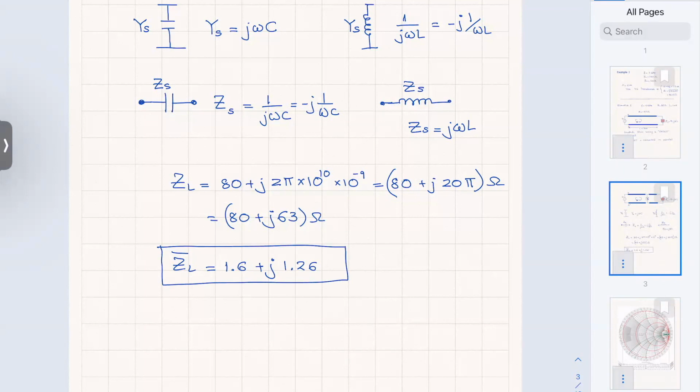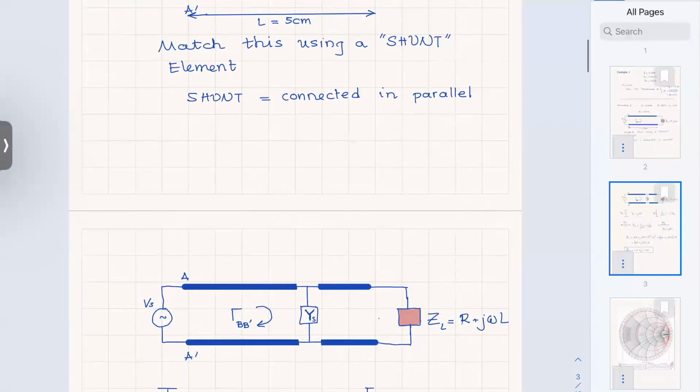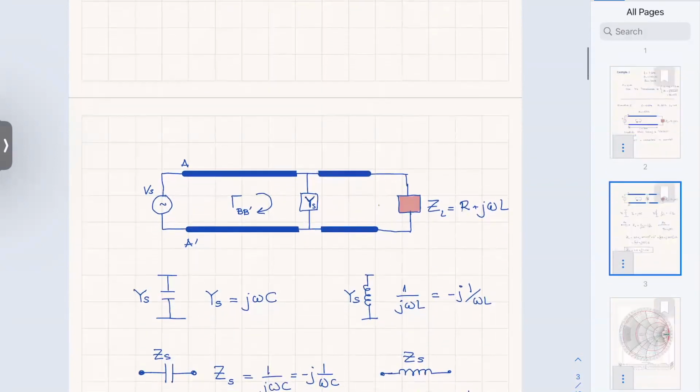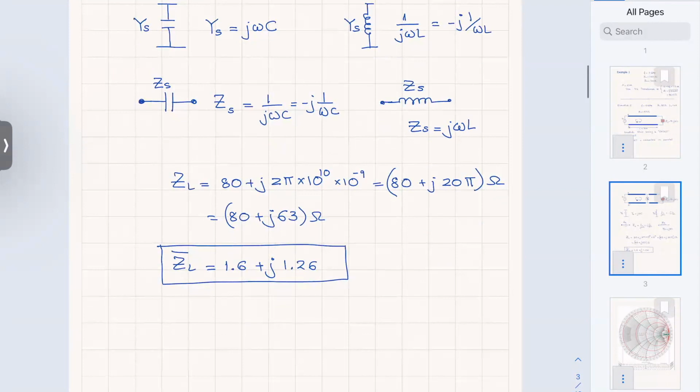Now I'm ready to go. What else do I need to do? I need to do one more thing. I need to get a sense of my length, but in what? In wavelengths. I have given that my length L is 5 centimeters, but my wavelength is 3 centimeters.